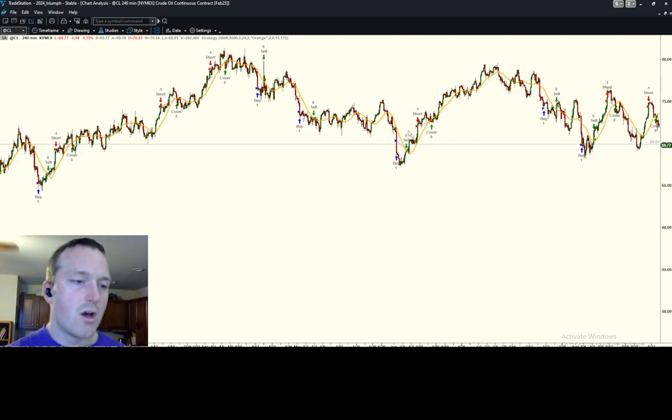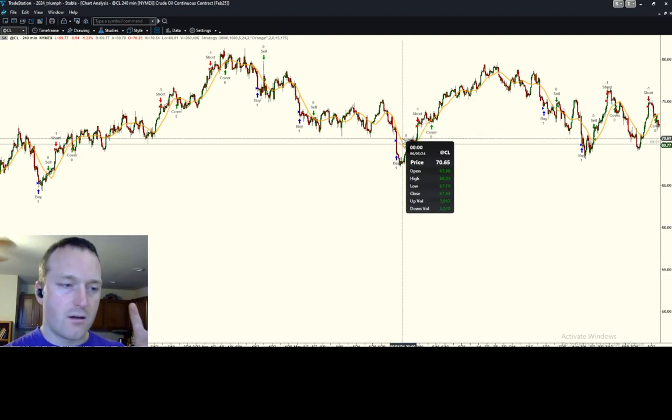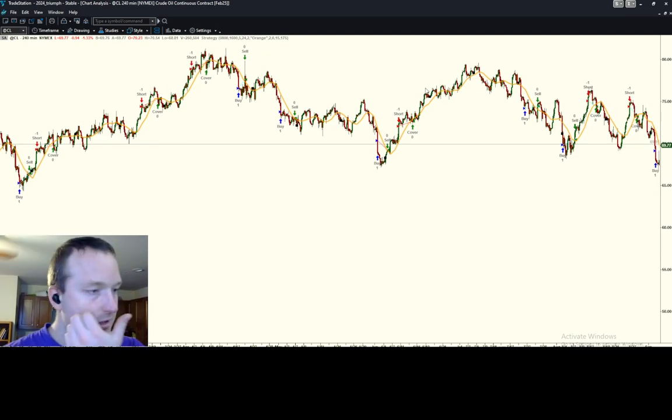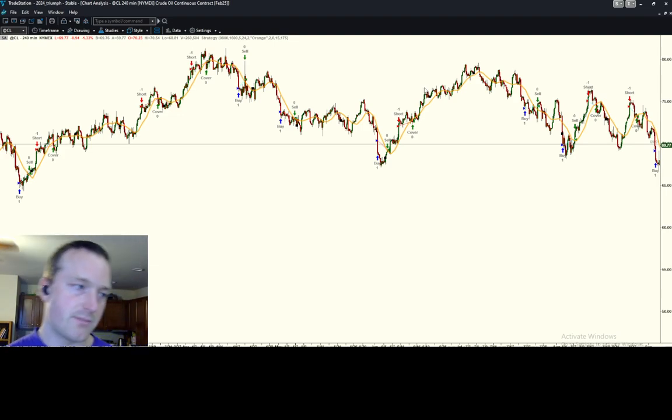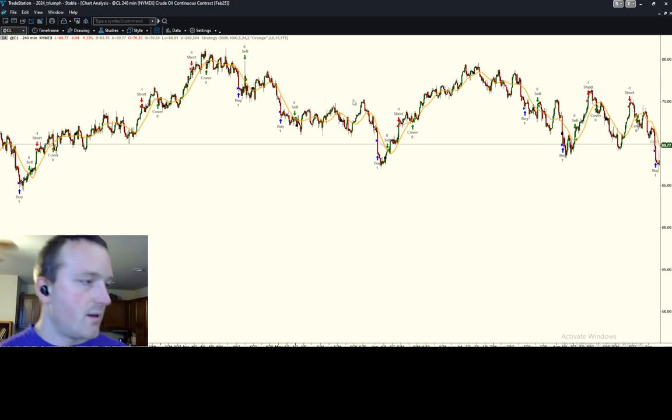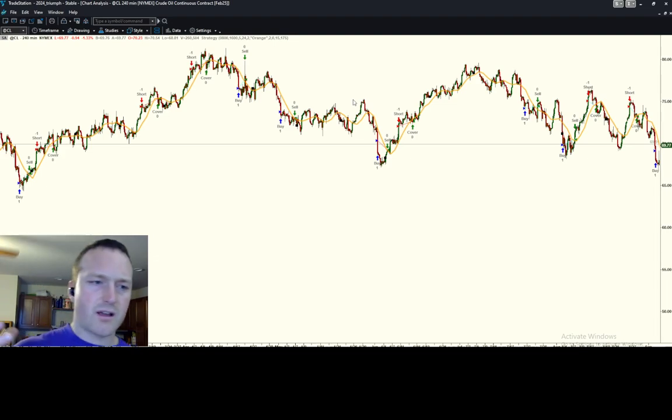When it moves two daily ATRs away, we go long. And this happens to be daily ATR. I'm using 24 as the period. I want that because I don't want it to be in a crazy time right now.